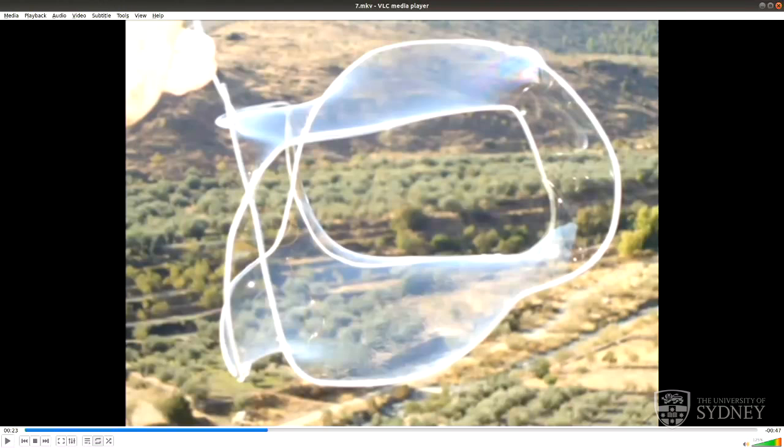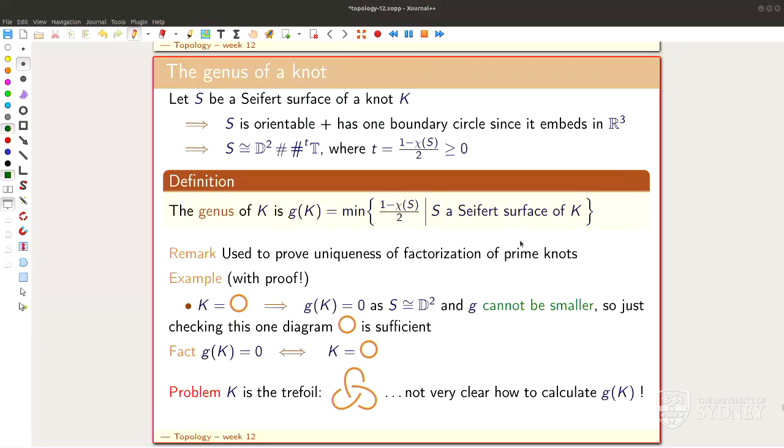So here's a handle in this picture that you can't see, it's very hidden. But we also need to make sure that it doesn't get lower because we need to kind of argue over all diagrams. So it's not very clear how to compute them. And I will show you a really great method to do it, which is an extremely great statement.